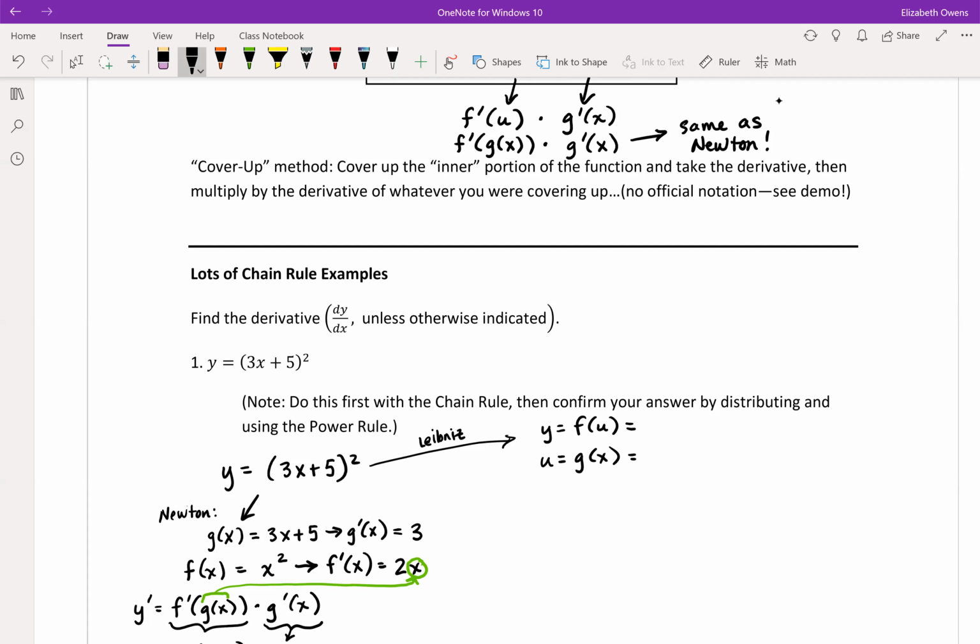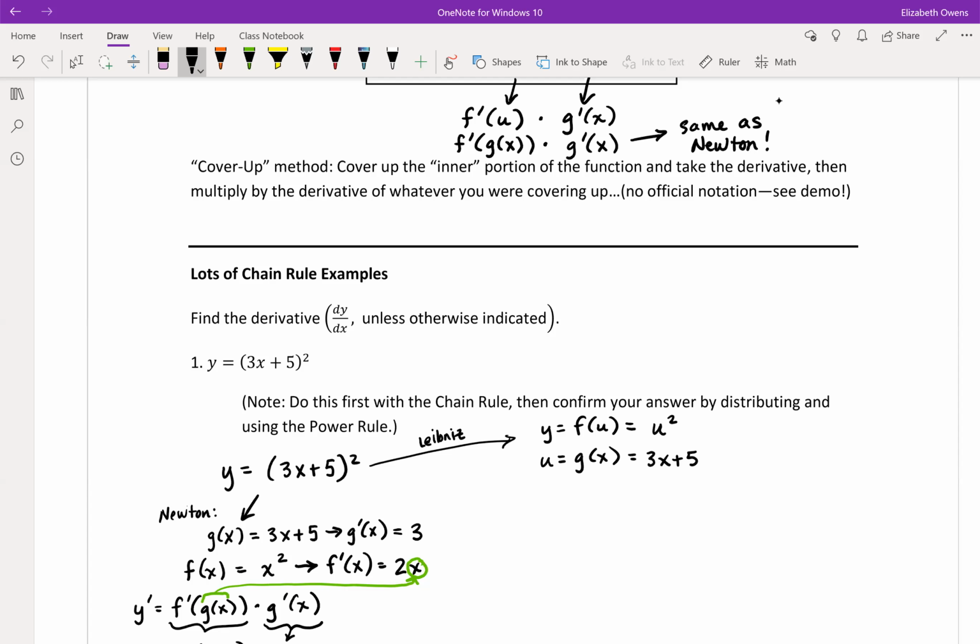So it's actually going to be this g of x that we used in the Newton notation. It's the inner part, 3x plus 5. So now we're calling that bit u. And then y is f of u. So we're going to see what the f function does to that 3x plus 5, that u function there. So it takes 3x plus 5 and squares it. So f of u is going to be u squared.